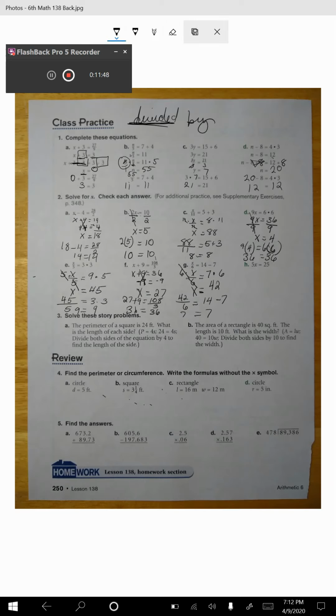Now on this one, I don't have anything to do over here, right? So I can jump right into getting rid of the 5. So divide it by 5, because this is 5 times x. The opposite of times is divide. So divide this side by 5. This is gone, and that's actually a 1, but 1 doesn't change anything in multiplication, so we don't need to put it.